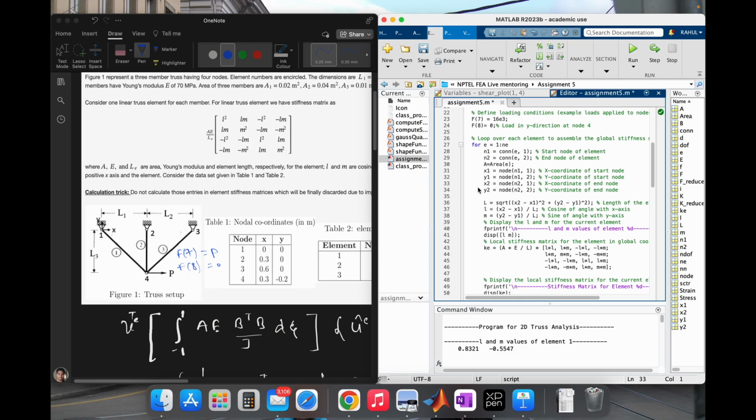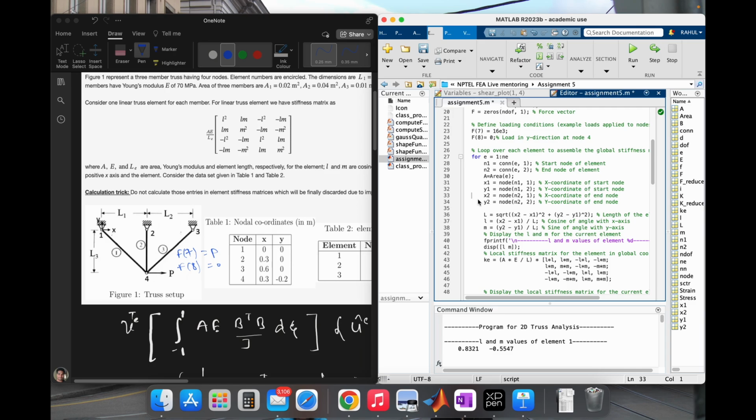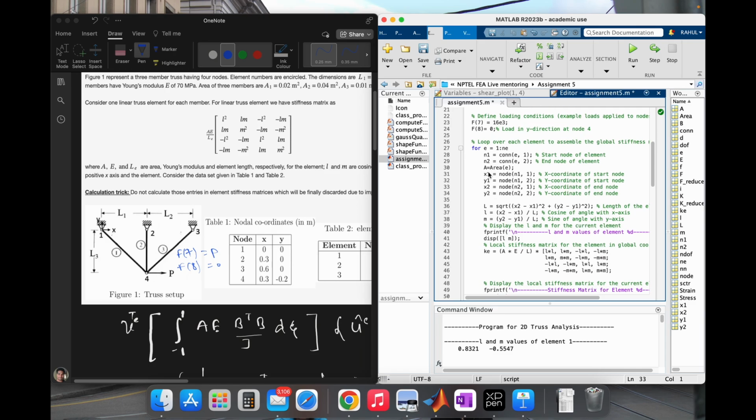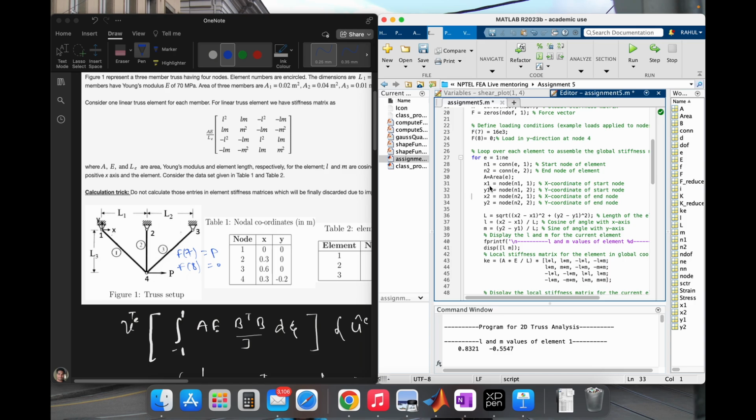Now for each element, we saw that the area is changing. For each element, according to the nodal coordinates x1 y1 x2 y2, it will give the coordinates of the 2 nodes for one element.